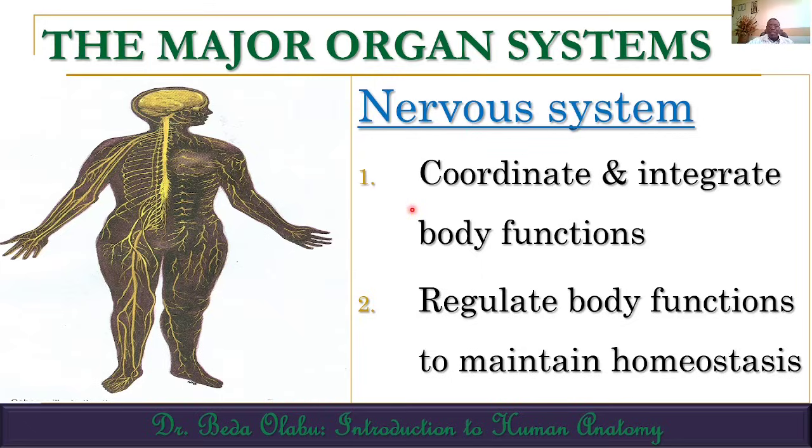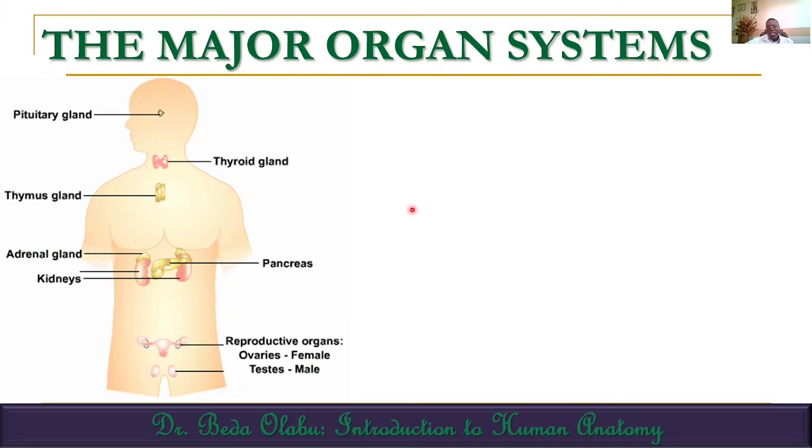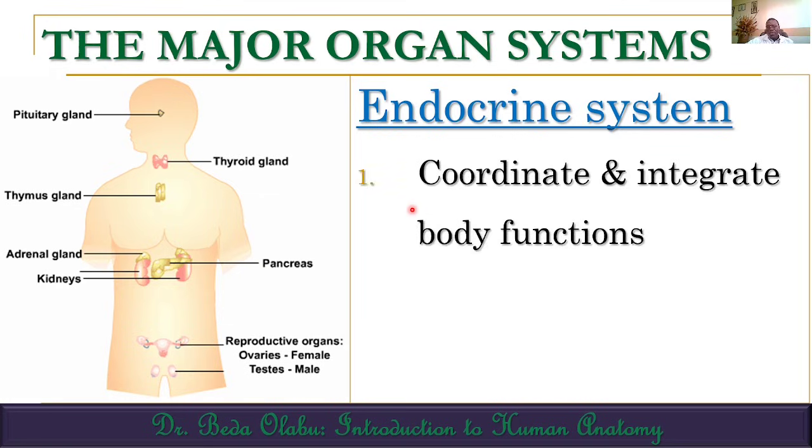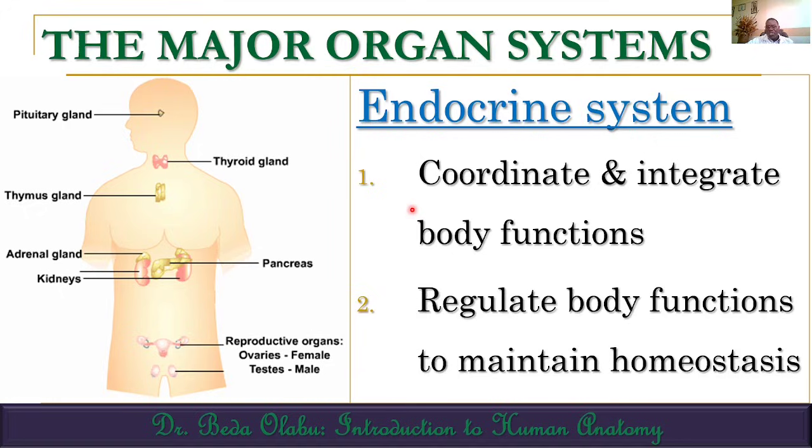Closely related to the nervous system is the endocrine system. The endocrine system is concerned with some glands or cells which secrete chemical messengers that are called hormones. So in terms of function, the endocrine system and the nervous system still perform the role of coordination and integration of functions, and also of maintaining some homeostasis.